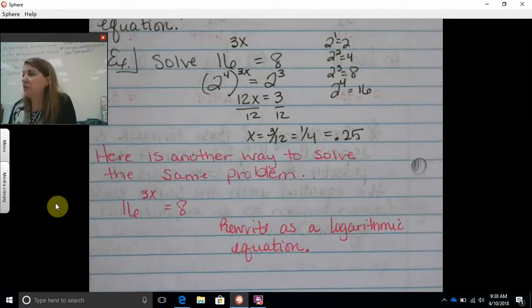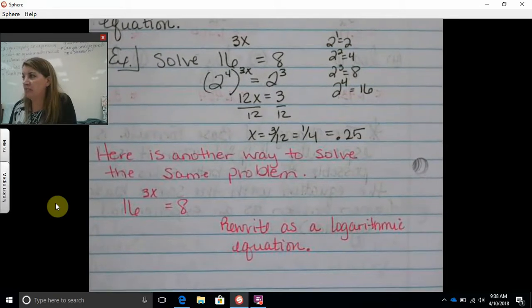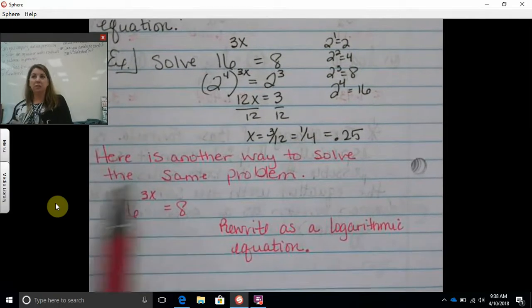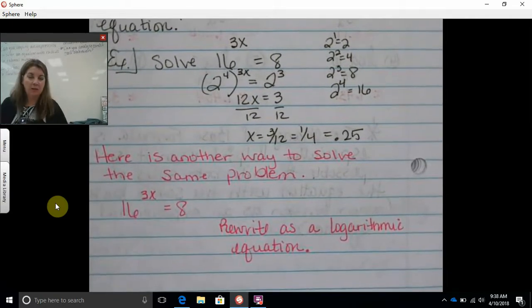Now to do this method, to rewrite it as a logarithm and solve it that way, that's going to be more helpful to you when you have a problem that you can't write with the same base, okay? Because if you could, then I would just solve it that way.